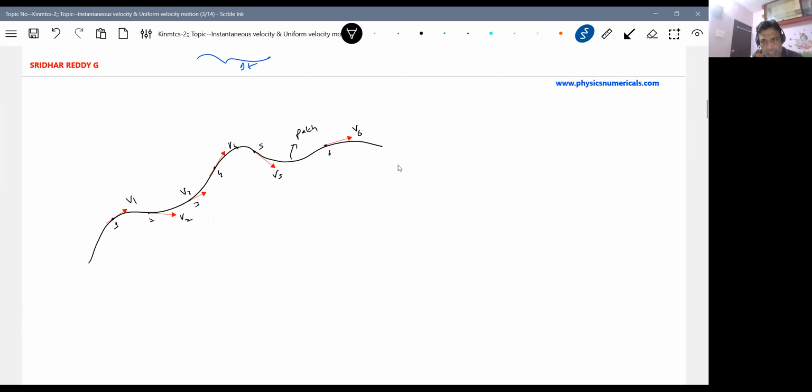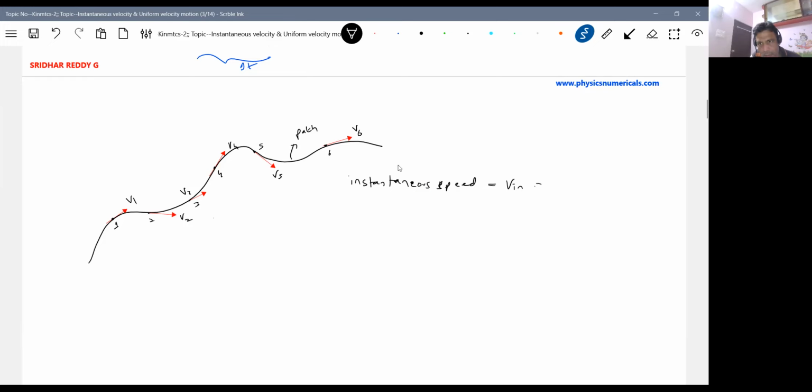So how do you define instantaneous speed? Let me define this also. So instantaneous speed should be equal to, again, v, don't write v bar here.